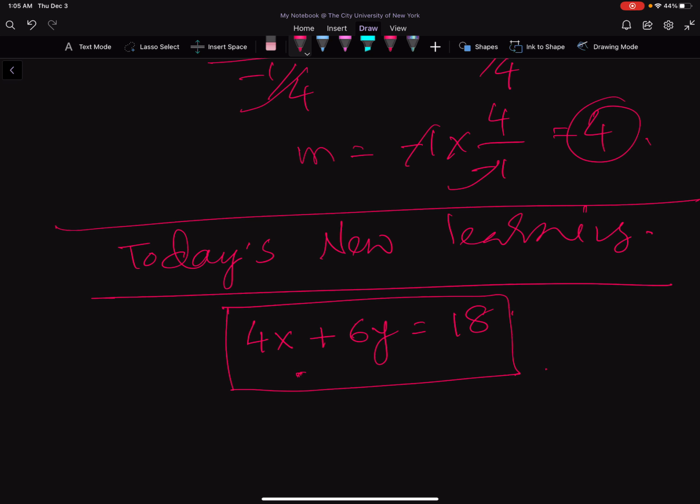In Algebra 1 and our several classes and one video that I have shown you, we say the standard form of this is a standard linear equation.